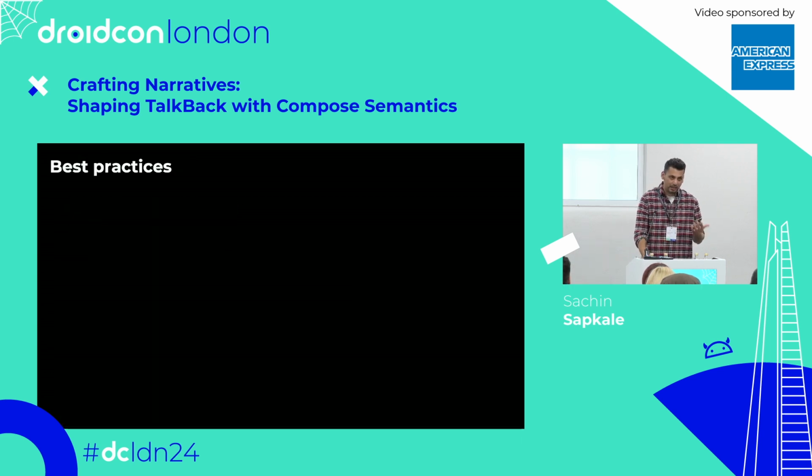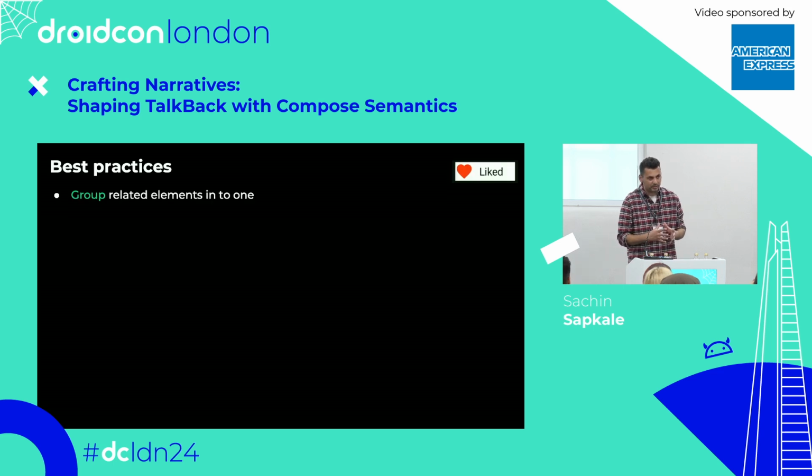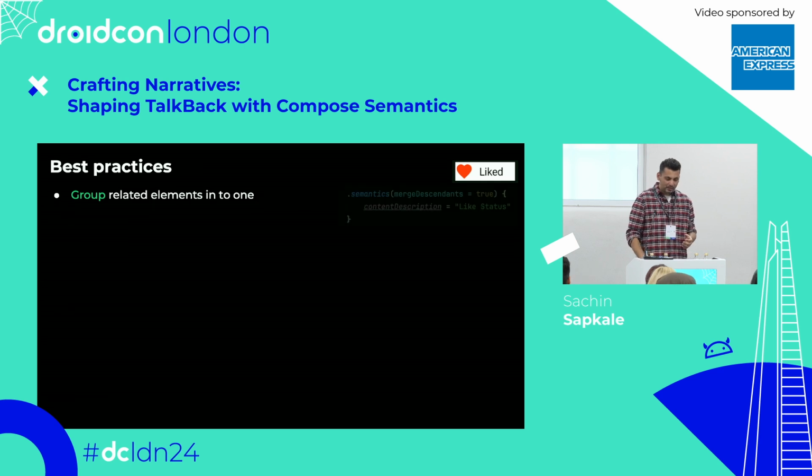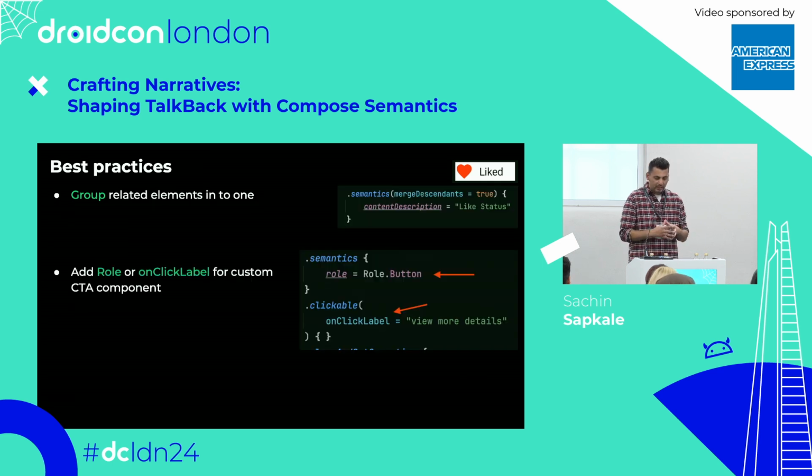Now, the best practice I would recommend is to group the related elements into one. So you see that the image, the heart and like, it provides similar kind of information, so it's better to merge them into one and get rid of the decorative labels. The second one would be to add roles and click labels to the custom-made buttons. For example, if you have to write a custom-made checkbox or a button, make sure you add some role to it because it's easier for TalkBack to understand that this is a button.